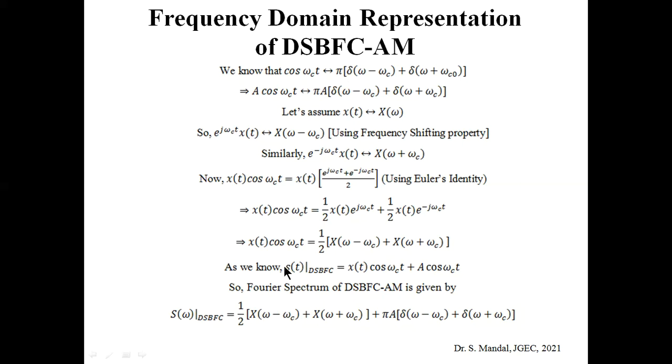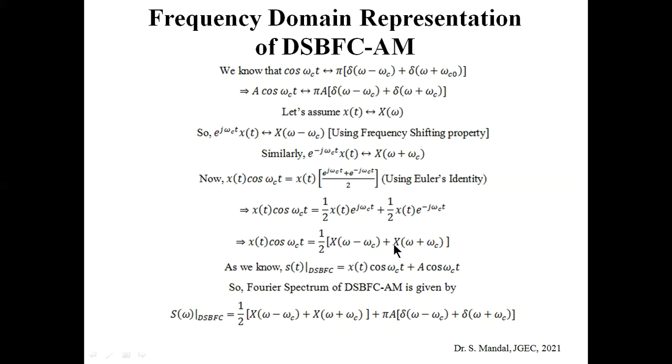As you know, in the case of DSB-FC, the equation can be written as x(t) cos omega c t plus A cos omega c t. If you want to find the corresponding spectrum of the modulated wave, that means plot S(omega) with respect to omega, we have to find the Fourier transform of this equation.